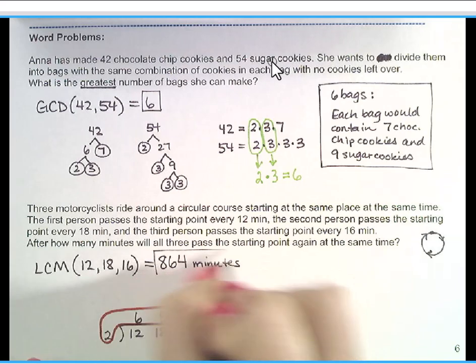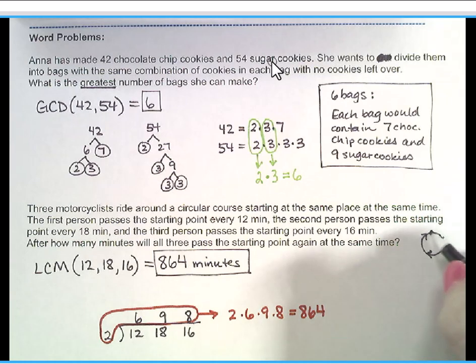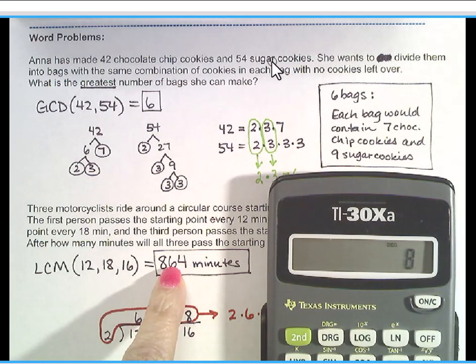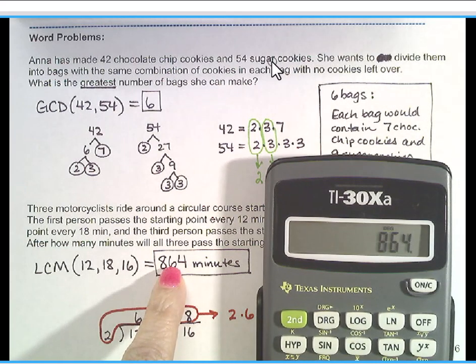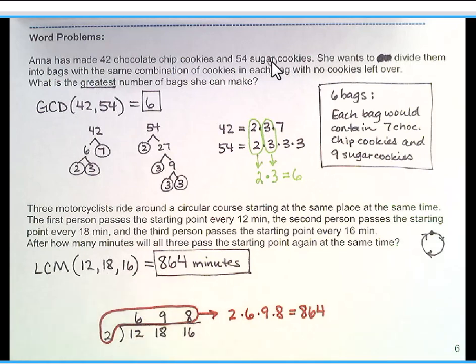It's going to be 864 minutes before they pass all at the same time. They'll all meet up right there. That's a really long time, by the way. 864 divided by 60. That's like 14 and a half hours of riding on a motorcycle. I don't know how realistic that is, but it would be 864 minutes.